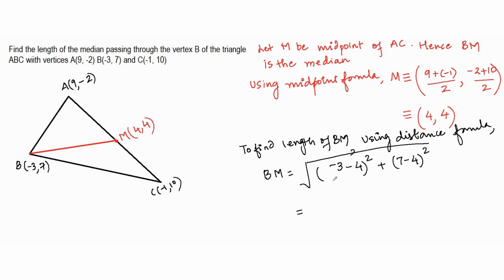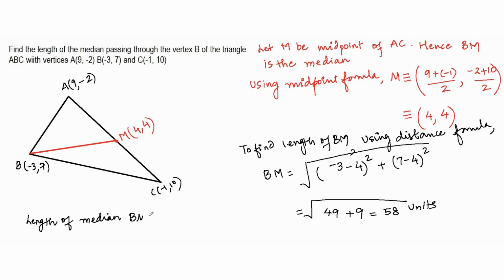If you recollect the distance formula, it is under root of (x2 minus x1) the whole square plus (y2 minus y1) the whole square. And this is going to be 7 square is 49 plus 3 square is 9, and this is going to be root 58 units. Therefore, the length of median BM is going to be under root 58 units.